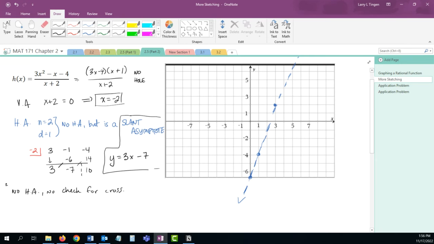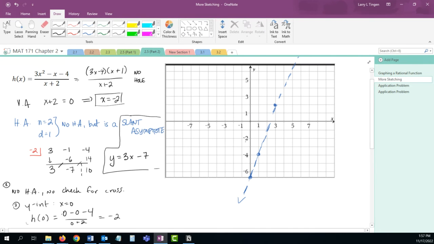Next thing, that was step 2. Step 3, intercepts. Find the y-intercept by letting x be 0. If x is 0, take a look at this really quick with me. If x is 0, everything that has an x goes to 0, right? So that's 0 minus 0 minus 4 over 0 plus 2, which is -4 divided by 2, which is -2.